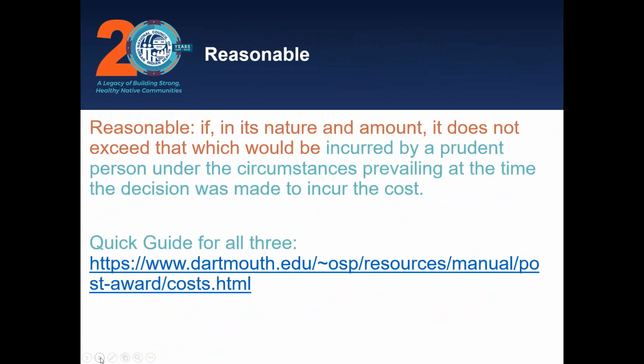Next one, please. And it has to be reasonable. In nature and in amount, it cannot exceed what it should be. You have to be prudent and act in a reasonable way in order to express that in the budget. So I'm providing you with a quick guide for all three.